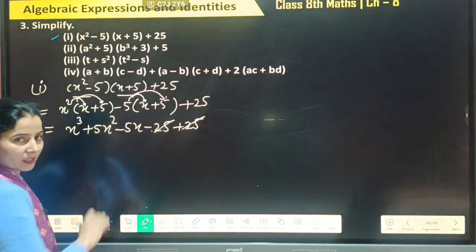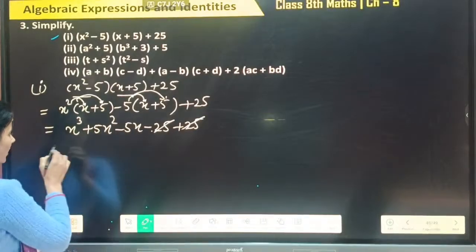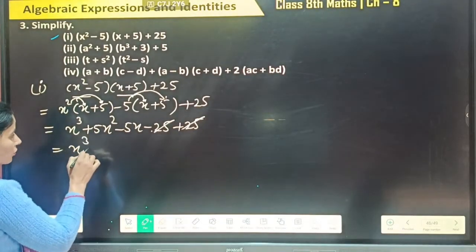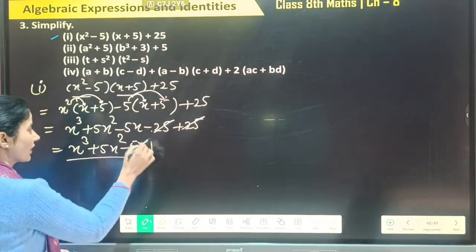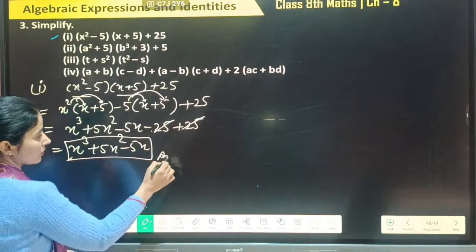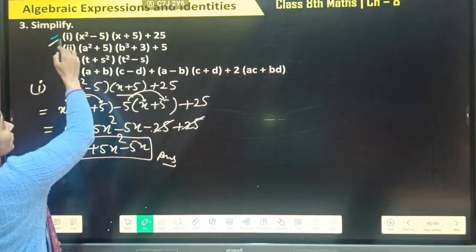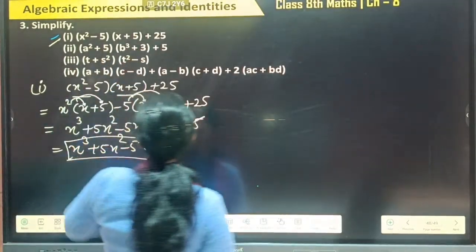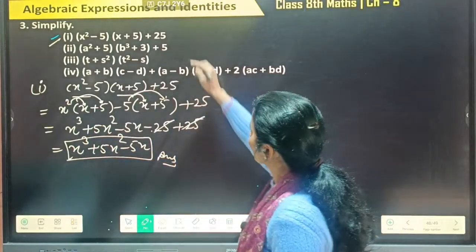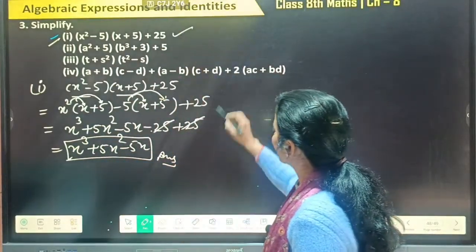So you will cancel these two terms. After cancelling, you will get x³ + 5x² − 5x. This is the simplified form of the given expression, or you can say this is the product of these two binomials plus 25. Simplification of first part.